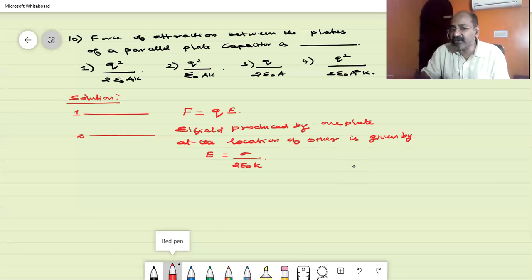This formula we should know, or we have to study. The electrical field produced by one plate on the other, at the location of the other, is given by E equal to sigma by 2 epsilon 0 into K.